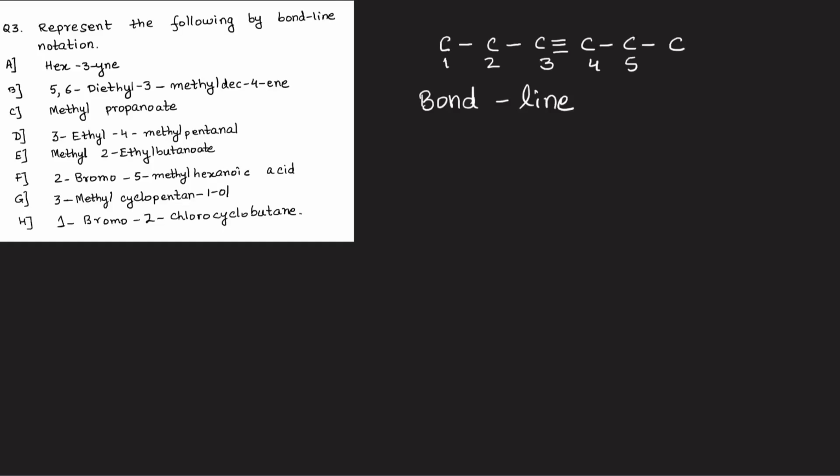So I have got 6 carbon atoms over here. I will represent the bond between carbon number 1 and 2 by a straight line. This is here, right? So understand here that this is 1 and this is 2, correct? Then 3, 4, 5 and 6.